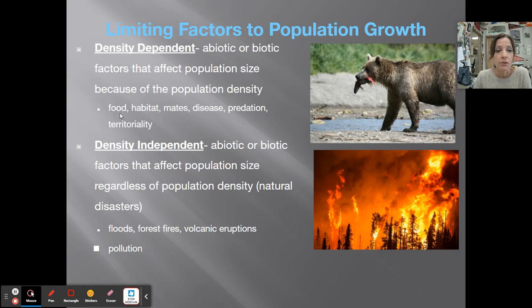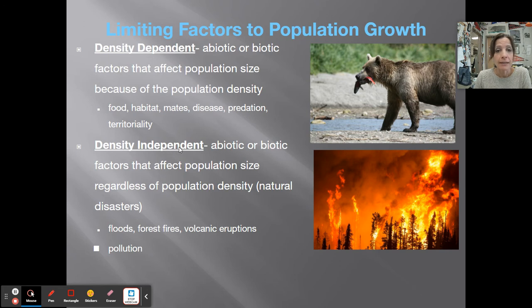So for example, the bigger the population, the more dense the population, food is going to become limiting. Habitat's going to become limited. Mates limiting. Disease spreads faster in populations that are more dense. All these things are going to limit how big a population can grow, and they're all going to decrease it.